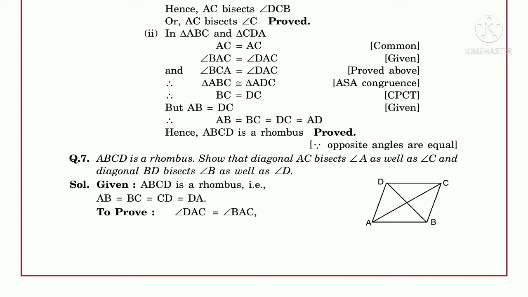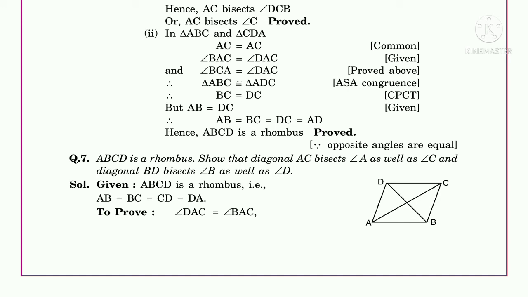Now we need to prove that AC bisects angle A as well as angle C, and diagonal BD bisects angle B as well as angle D. So in the case of this rhombus we get two diagonals: one diagonal is AC, another diagonal is BD, isn't it? With respect to these two diagonals, we have to prove angle A as well as angle C, and angle B as well as angle D.